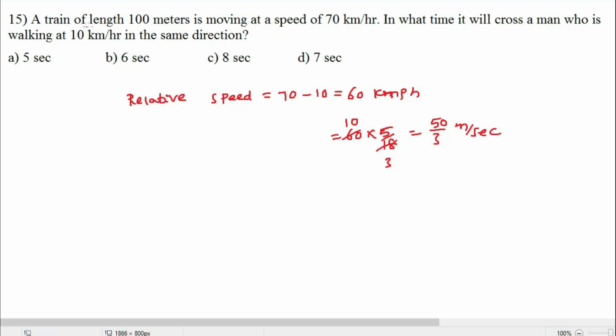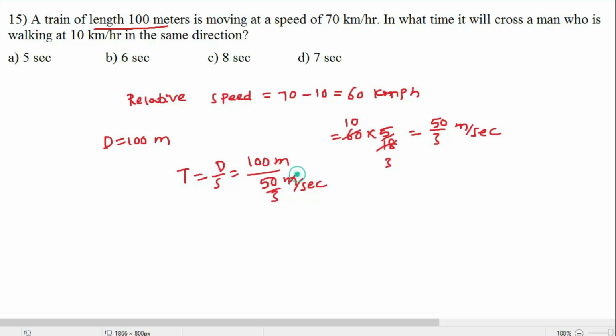Train of length is 100 meters. Distance equal to 100 meters. Time equal to distance by speed. Distance is 100 meters divided by 50 by 3 meter per second.